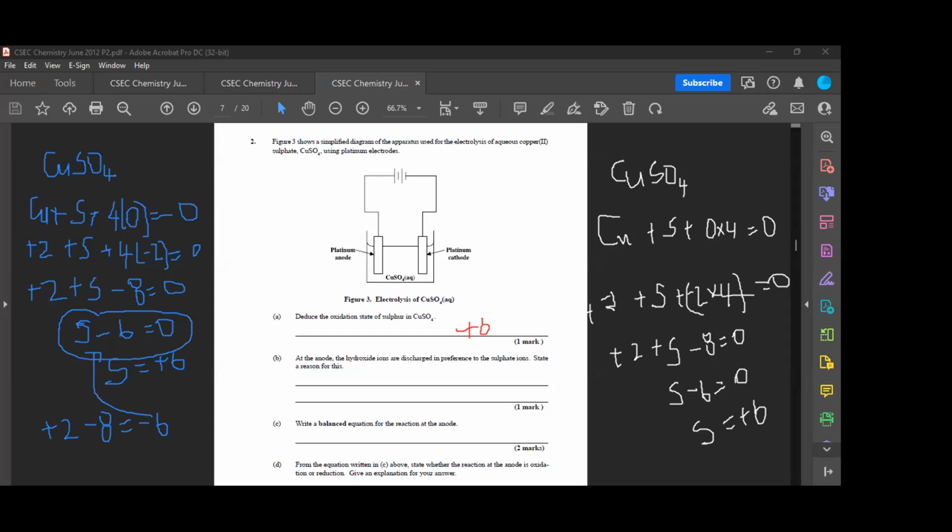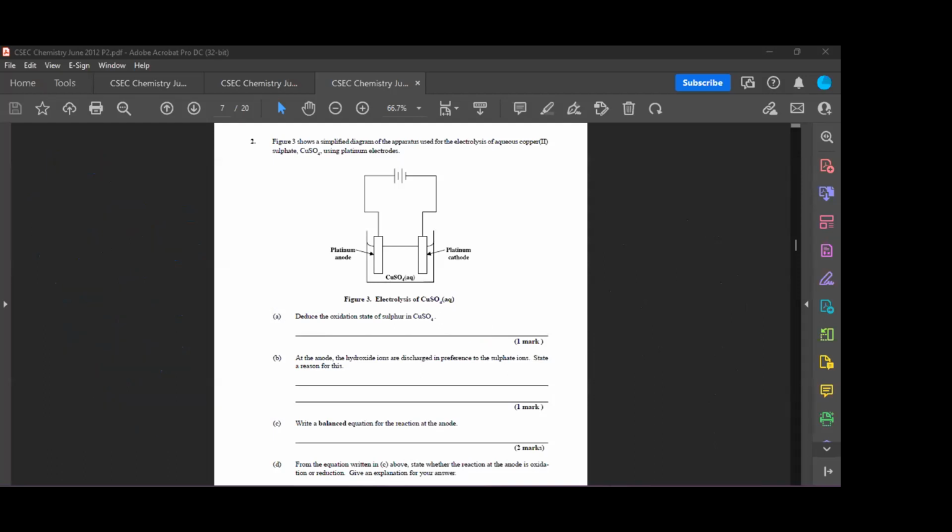Yes, so the reactivity series will be the one that decides what actually is discharged and what is not. Sulfate in actuality is never discharged. In order to get sulfate, you'd have to have it in a molten state and not an ionic state, because hydroxide is always lower than it.